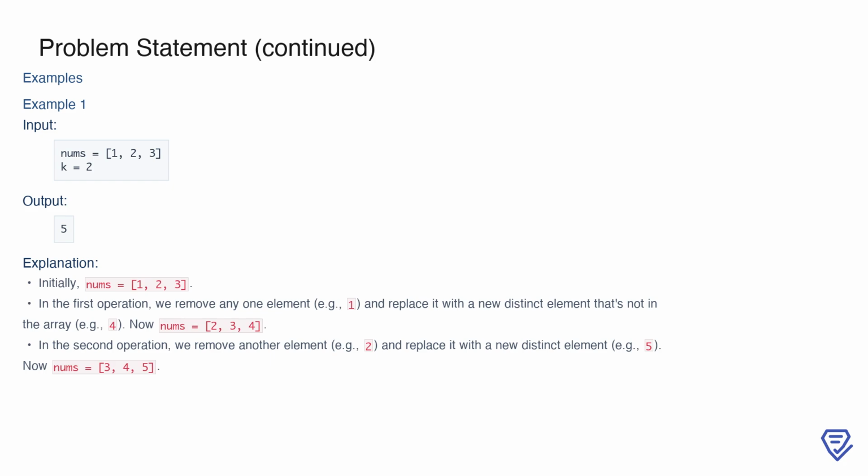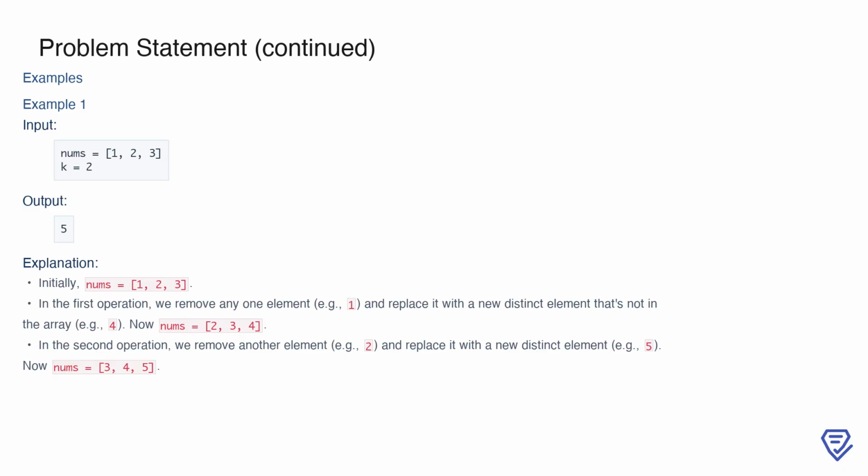Suppose we have nums equals 1, 2, 3, and k equals 2. Initially, the array contains three distinct elements, 1, 2, and 3. In the first operation, we remove any one of these elements, say 1, and replace it with a new distinct integer that is not already in the array, such as 4. This changes the array to 2, 3, 4.